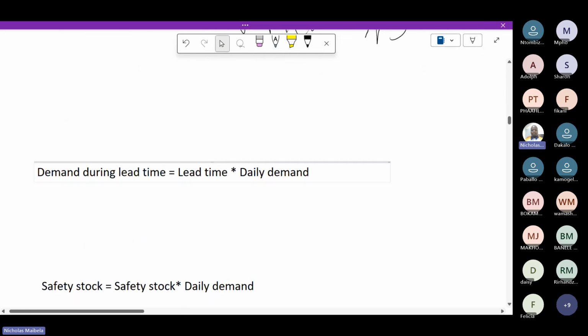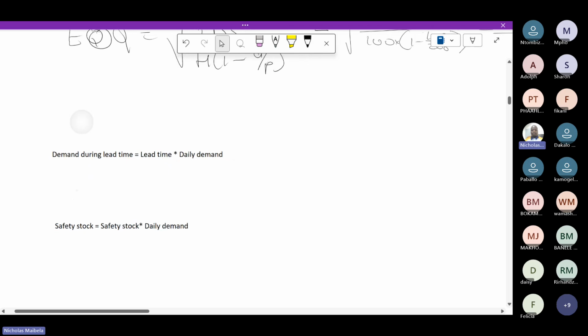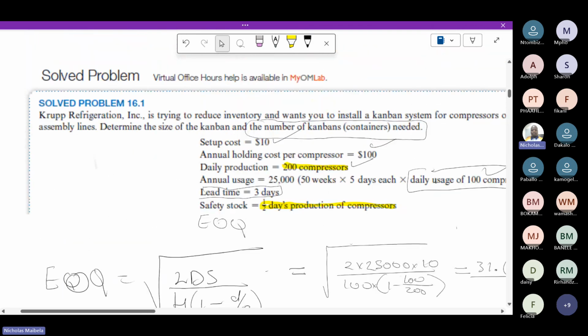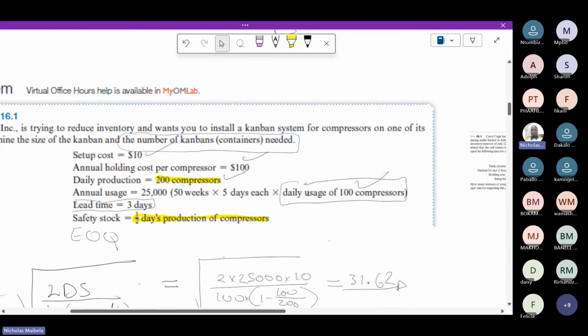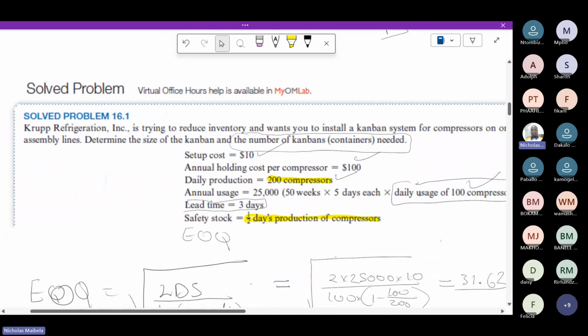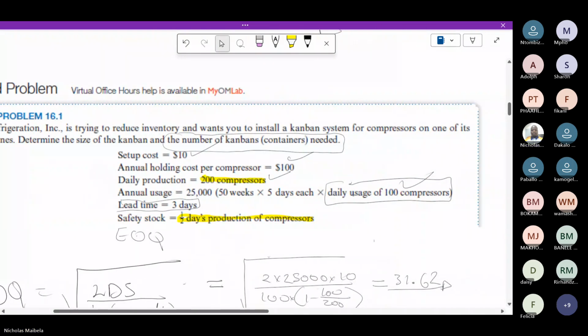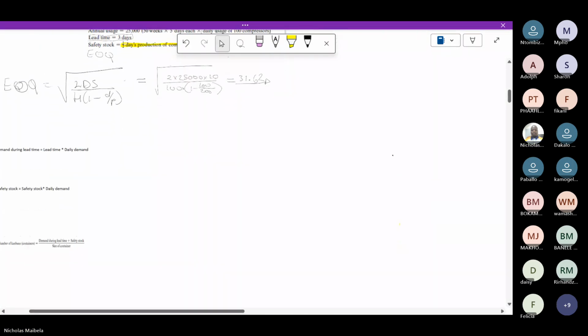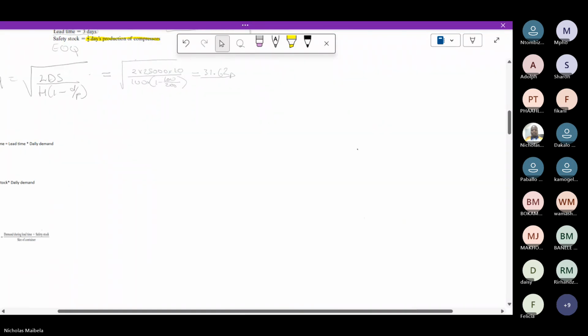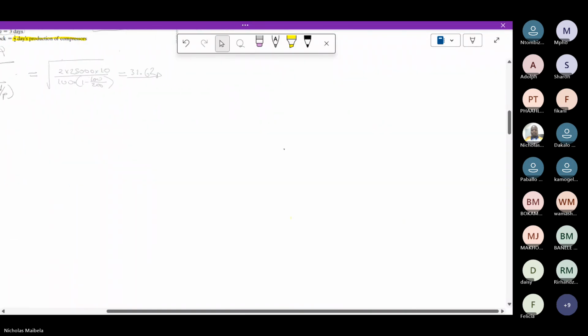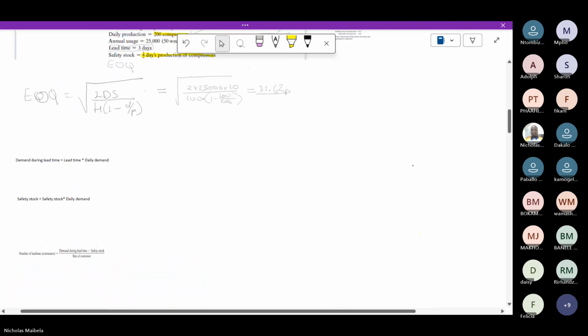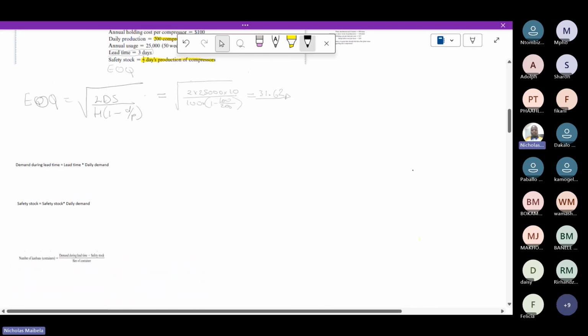During lead time, okay, so now we're doing the Kanbans. Again, we want to know the number of Kanbans, and we found our EOQ, all right? Therefore, the daily demand, obviously, this is your lead time.